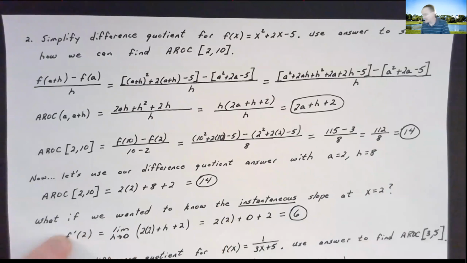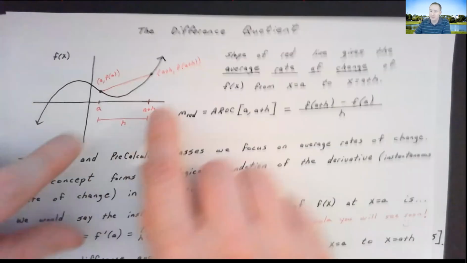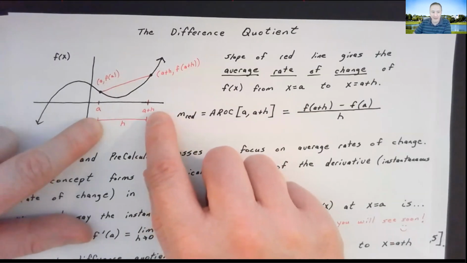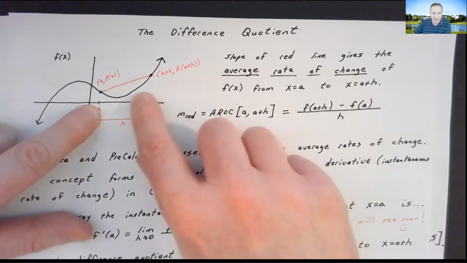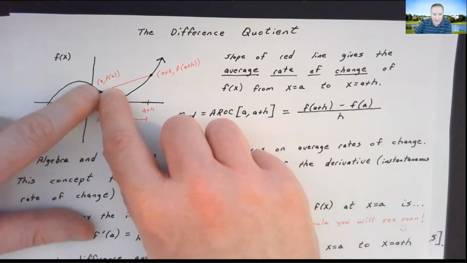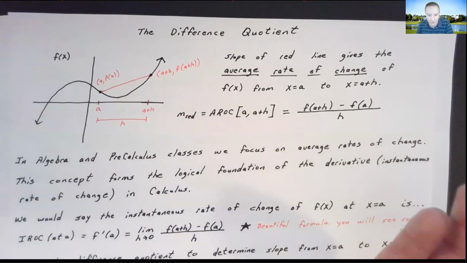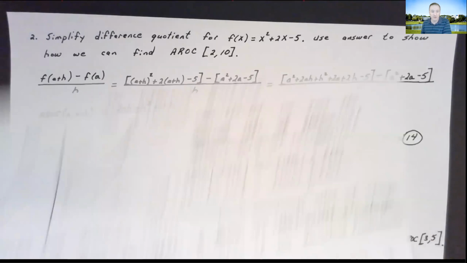And you'll say, well, it is always the limit as the distance between your x values approaches 0. And again, please remember why I'm setting that h going to 0, because if that second point gets pushed infinitesimally close to the first point, then I'm finding the average rate of change between 2 points extremely close to one another. That's going to give me a really good estimate for an instantaneous rate of change.